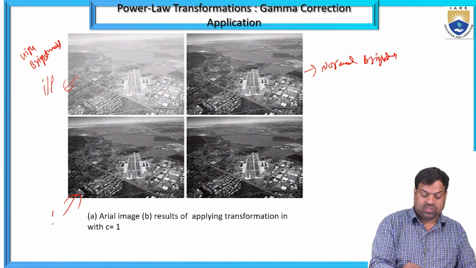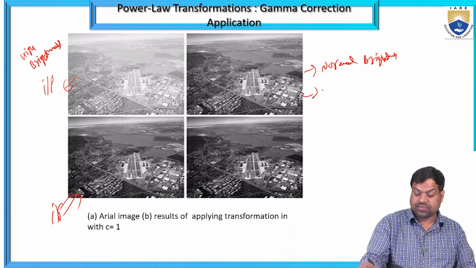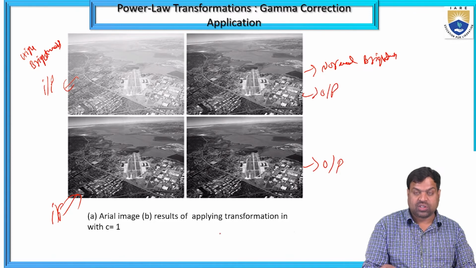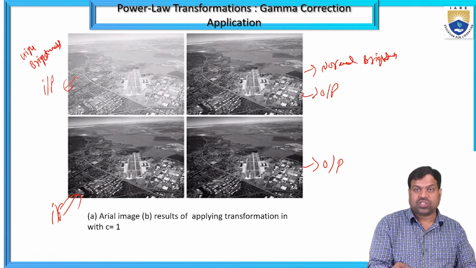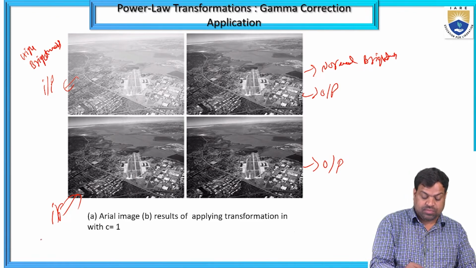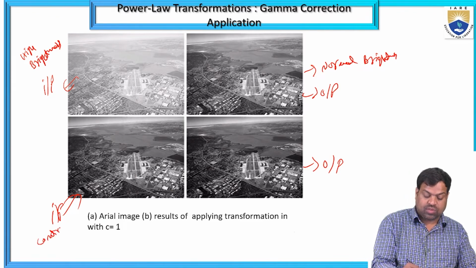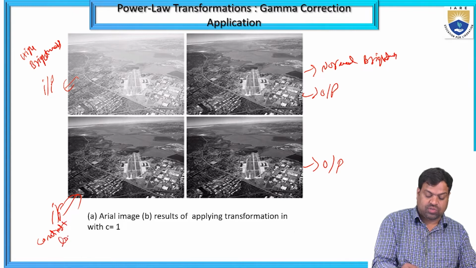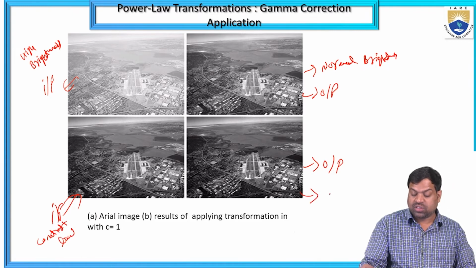It is some input, and it is the output function. This input function has low contrast, so it is converted to normal contrast.